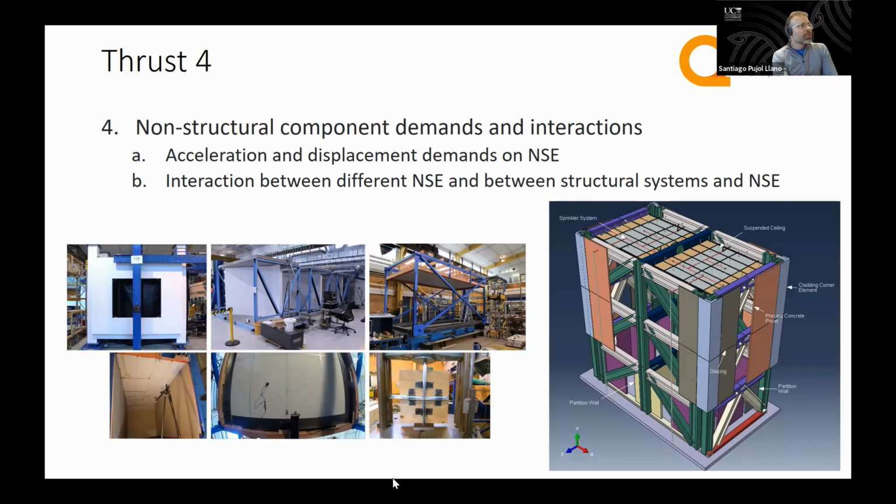And then in Thrust 4, again, we have the very important issue of the non-structural elements, or like Greg says, the non-skeletal elements. And there are, of course, all sorts of issues to investigate there.